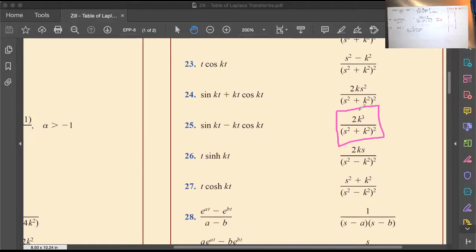Now, if we don't have the k cubed exactly, we can always multiply by a well-chosen one. So we can multiply by exactly what we need in the numerator as long as we compensate by dividing. The inverse transform associated with that is this function right here: sine of kt minus kt times cosine of kt. That's the one I need, so I'm going to write that down on my paper, and then we will use that plus the first translation theorem to take this inverse transform.